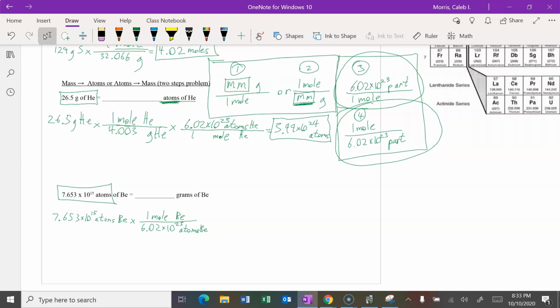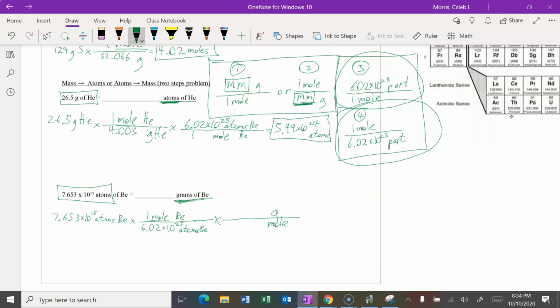mimicking conversion factor number 4. And then I'm going to multiply again because I'm not looking for moles, I'm looking for grams. So I've got to keep going. I have moles, that means I need to cancel them out. Put moles on the bottom. And let's look at which one has moles on the bottom, and what I'm looking for is grams. Grams on top.